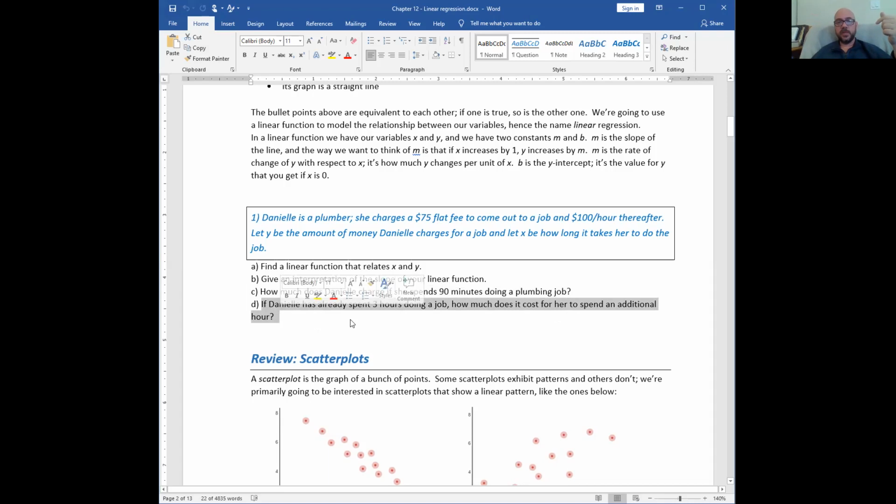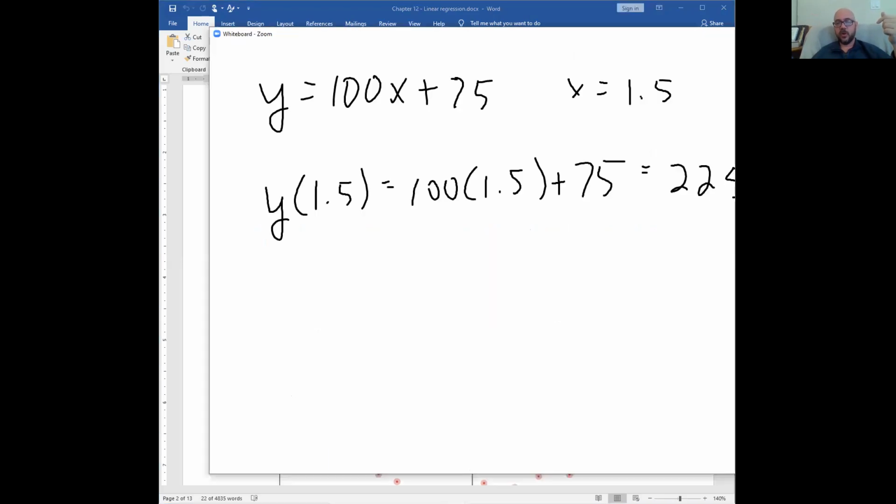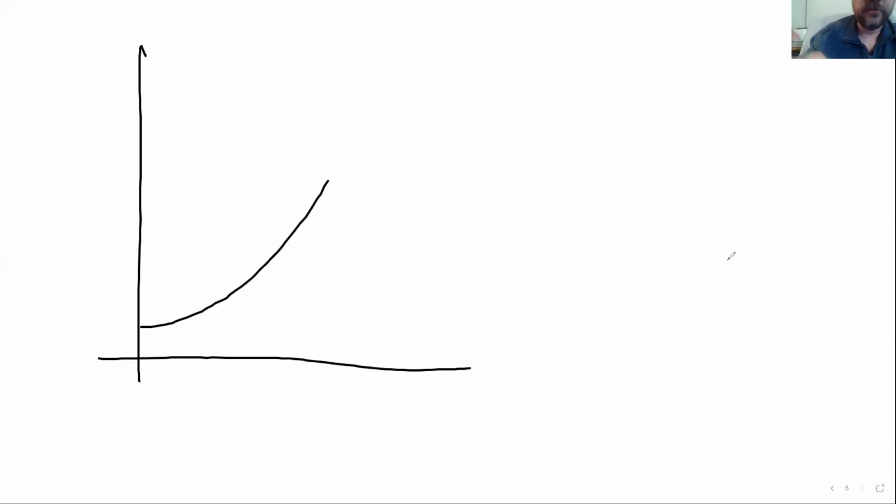So for instance, here, I know I'm being confusing, so let me draw a picture and show you what I mean. So if I had a function that looks like this, right? Looks like a parabola. Then how much X changes from here to here, right? So this is an increase in 1 hour. So if X increases by 1, Y increases by about this much.